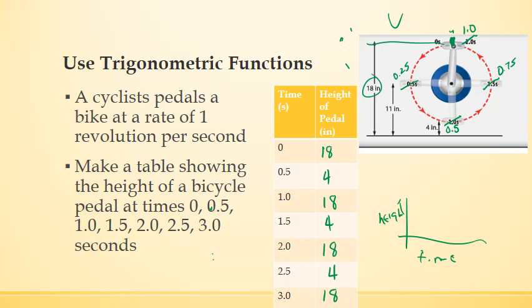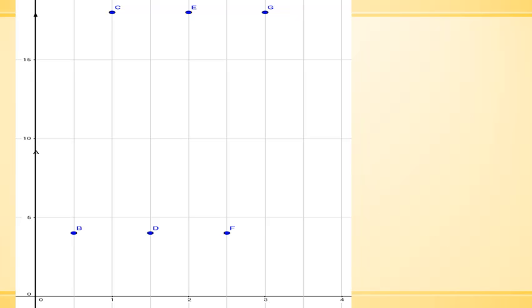Now, the second part of this example, which was example 3, on page 831, it says identify the period and graph the function. Let's move over here to the next slide, and I have plotted some points on a graph to model our table.